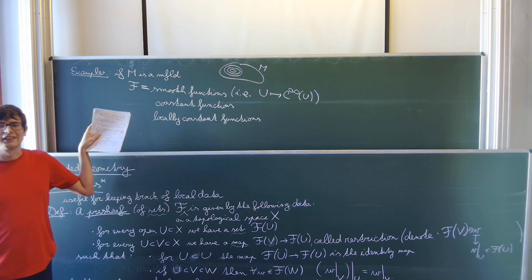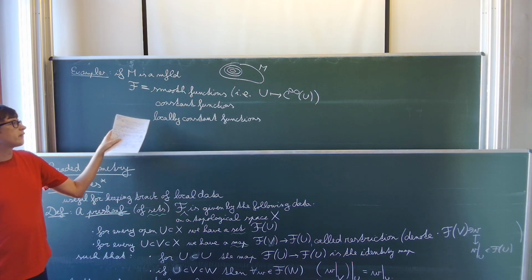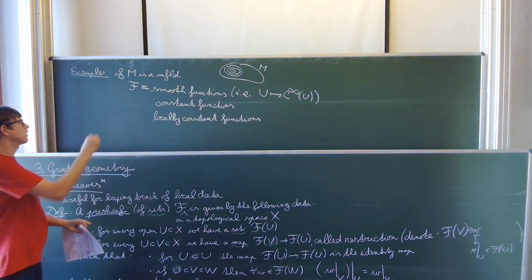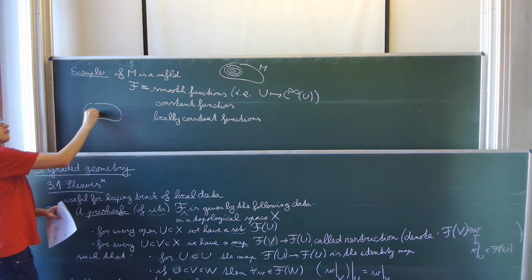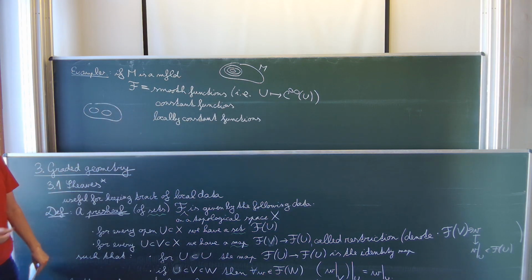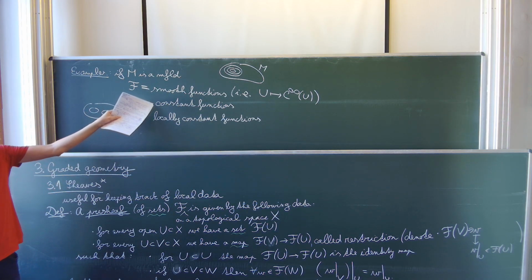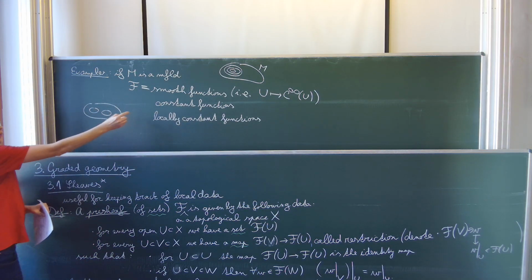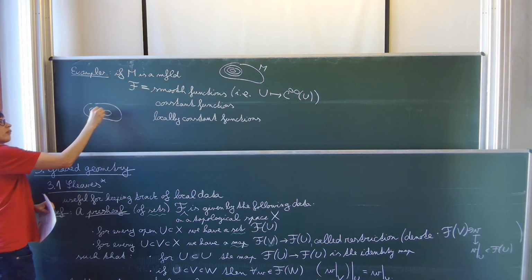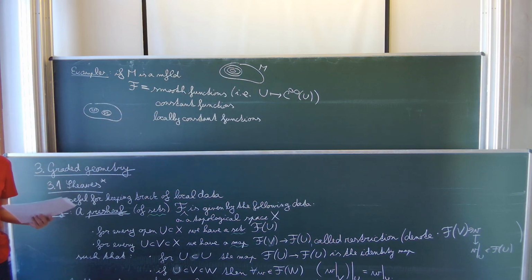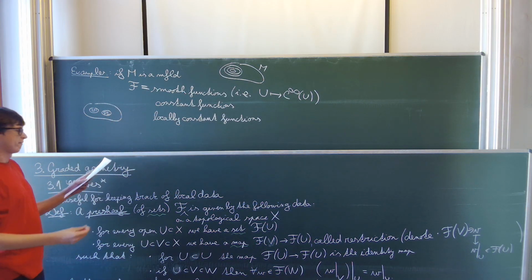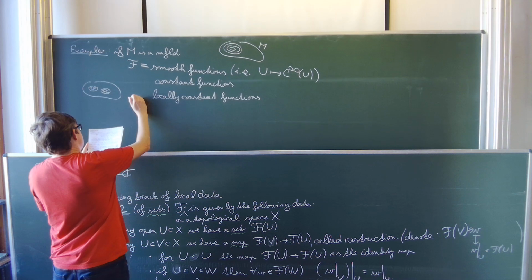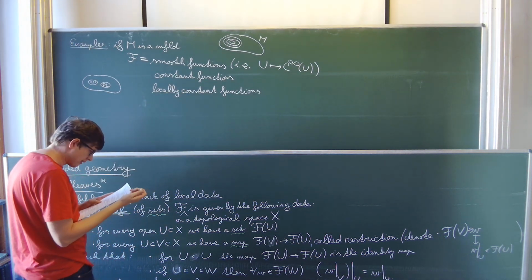Because it's a sheaf. If I had an open set which is not connected, then in the first instance the corresponding presheaf would need the same value here and here, while here it can be one value here and a different value there. Yeah, locally constant is different from constant.